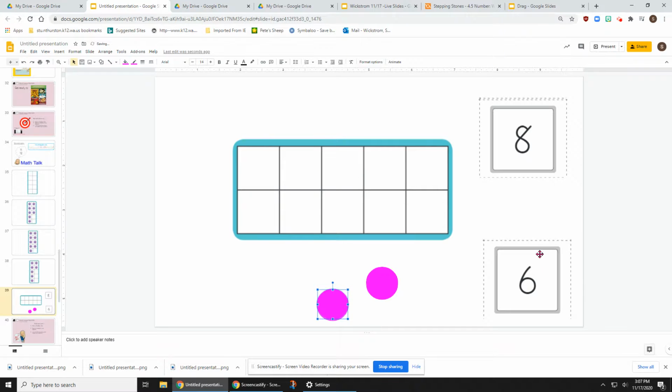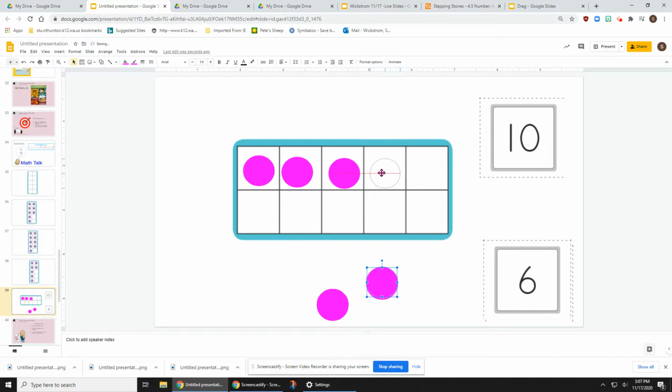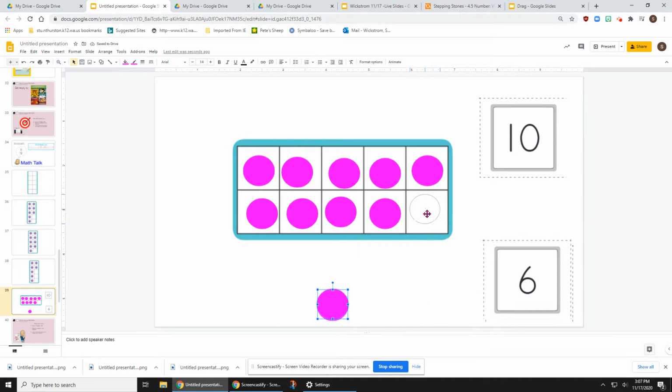Let's do one more. The number is 10. Let's go ahead and fill in 10 counters. Ready, go. 1, 2, 3, 4, 5, 6, 7, 8, 9, 10.